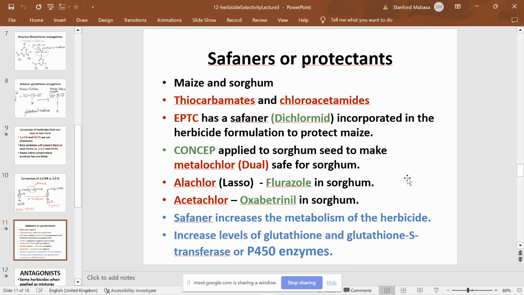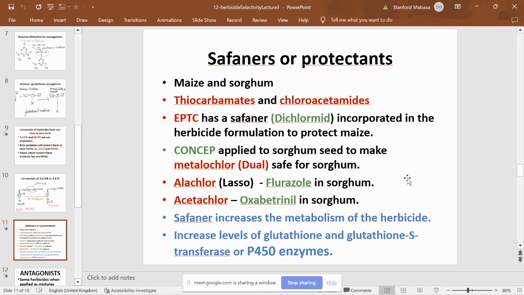We do have some herbicides with a potential to kill crops, but there are substances known as safeners or protectants which can be formulated together with these herbicides to aid selectivity. We find these herbicides among the thiocarbamates and the chloroacetamides.